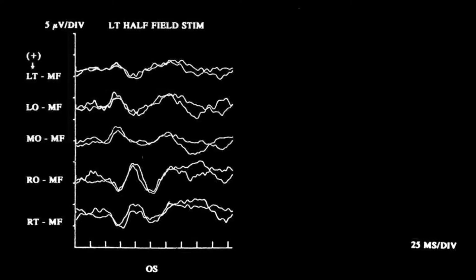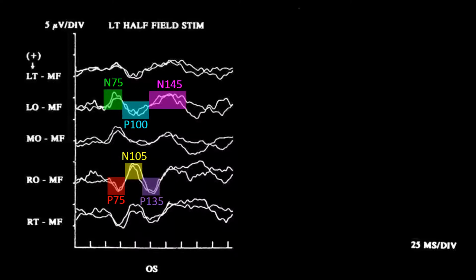Stimulation of the left half field of the left eye demonstrates relatively poor waveforms ipsilateral to the stimulation, and very well formed waves contralateral to the stimulation, especially in the RO to MF derivation. Notice that there is something very unusual in this frame, and that is that N105 is better formed than P100.